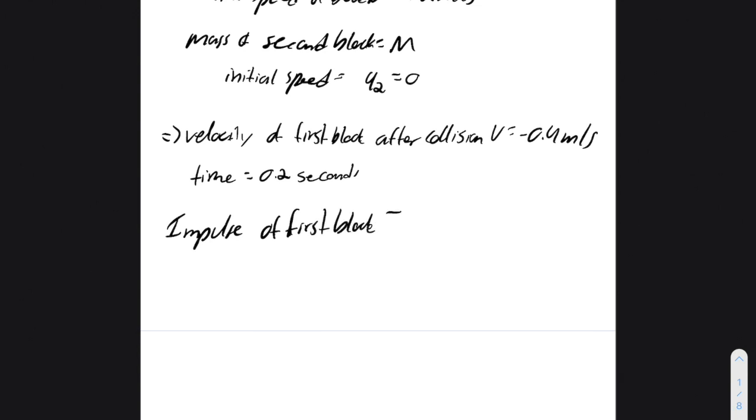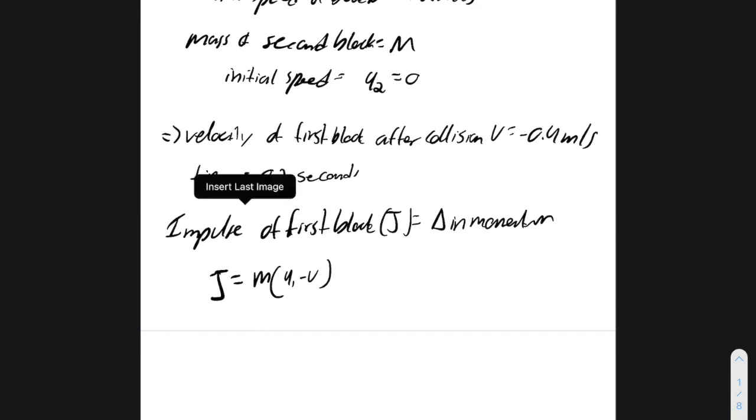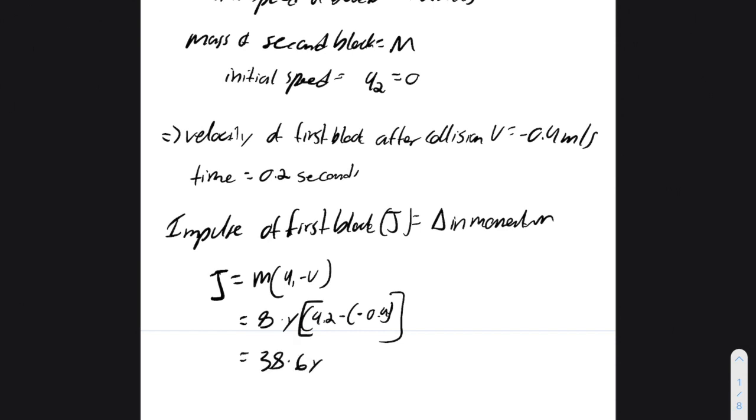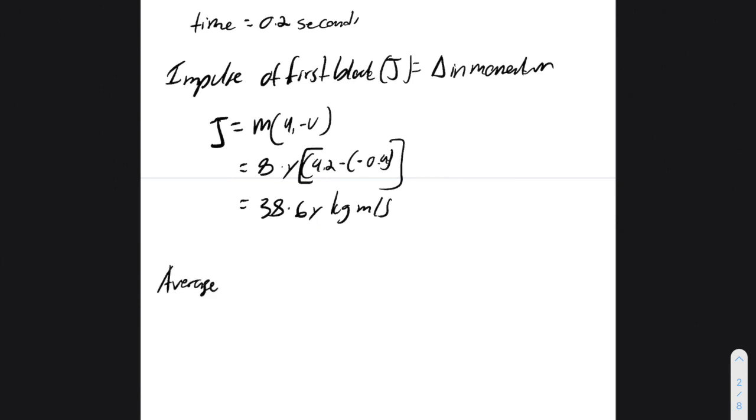Now we know the impulse of the first block is J, which is equal to the change in momentum. So we can say that J is equal to the change in momentum, which is equal to final velocity minus initial velocity. So we can say that this is 8.4 into 4.2 minus 2 minus 0.4, and this comes out to be 38.64 kilogram meters per second.